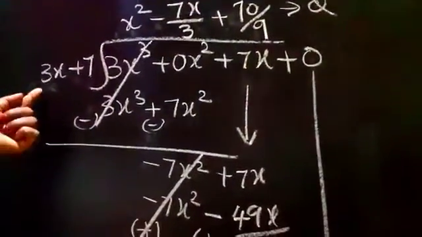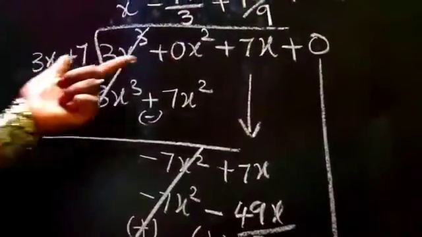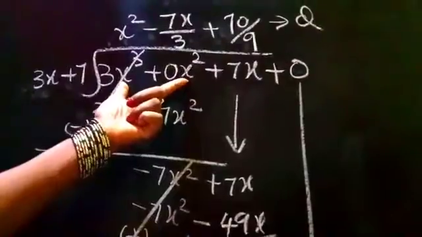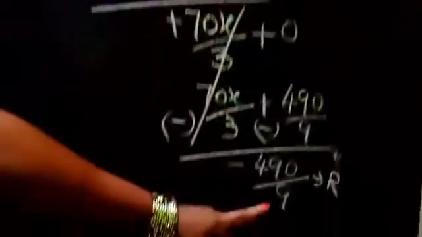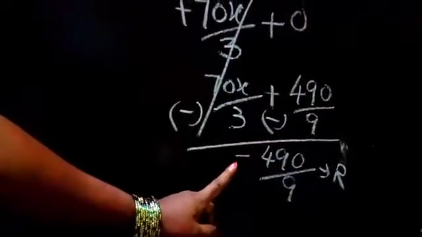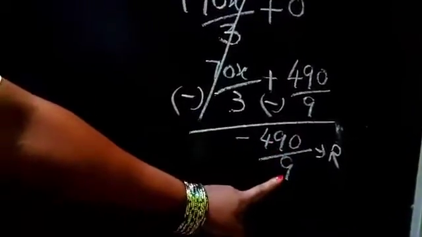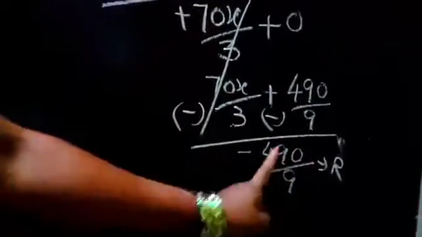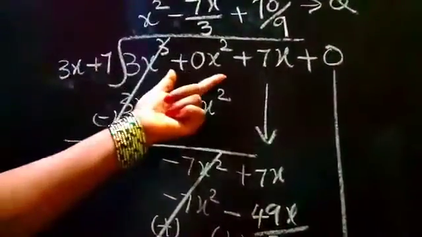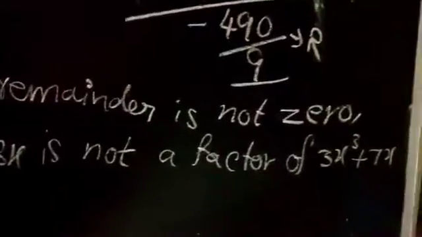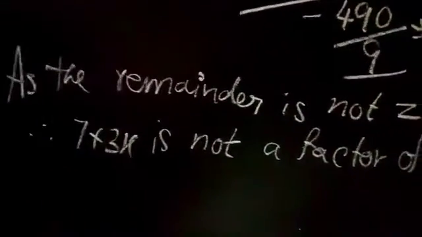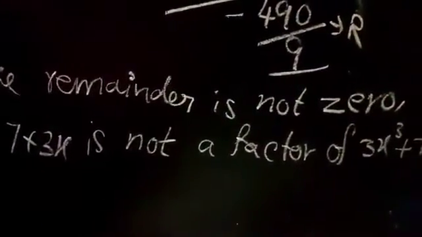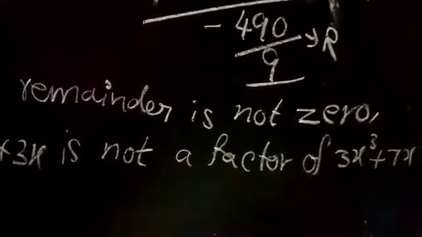But this 3x plus 7 is not a factor of this dividend because we got the remainder as minus 490 by 9. We have to get 0 in this place. Then only this is a factor of this dividend. As the remainder is not 0, therefore, 7 plus 3x is not a factor of 3x cube plus 7x.